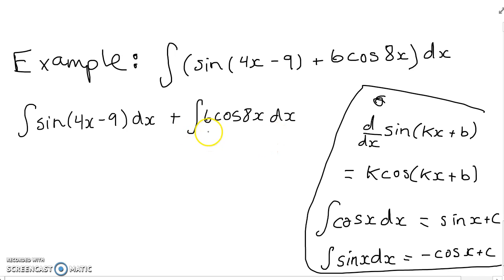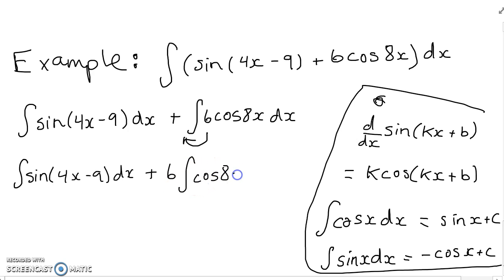Next step, we notice that there is a constant in front of the cos, so we can bring this out to the front. This can now be written as the integral of sine of 4x minus 9 dx plus 6 times the integral of cos 8x. Now we can evaluate by using both of these formulas. The integral of sine of something is going to be negative 1 over k, and in this case our k value is 4, so negative a quarter.